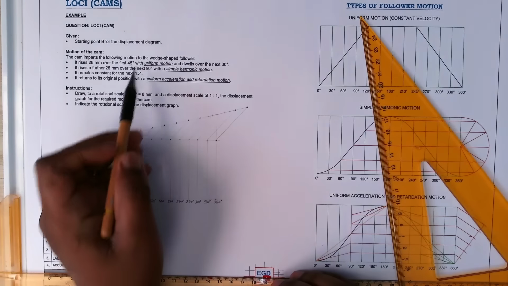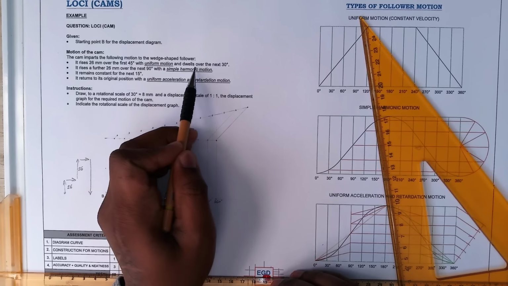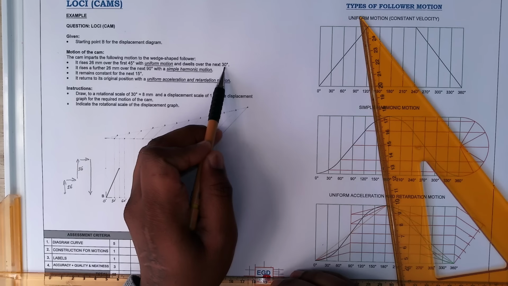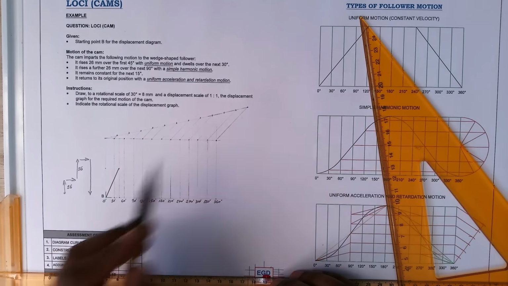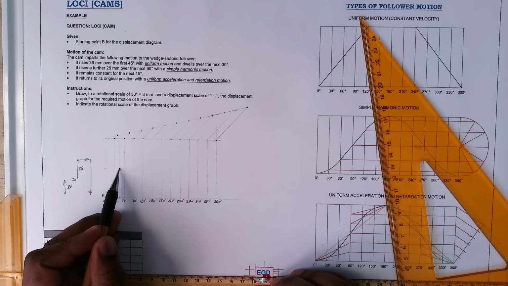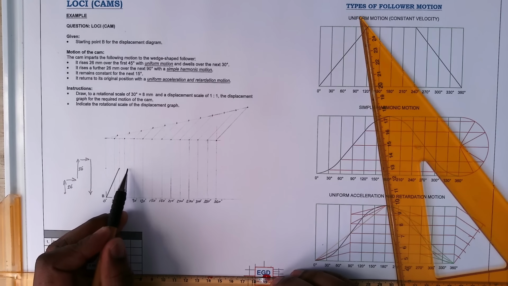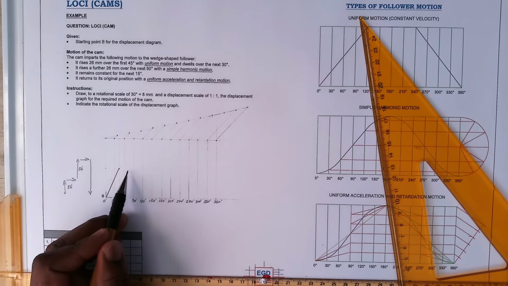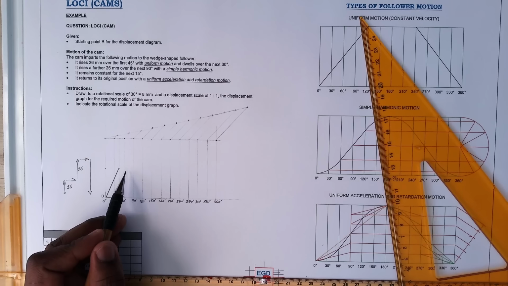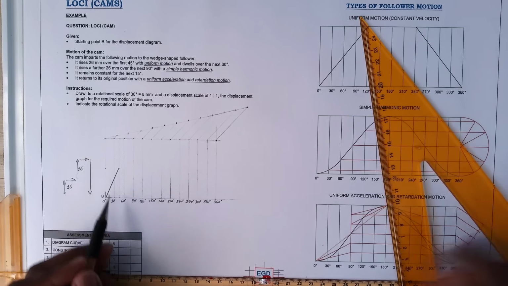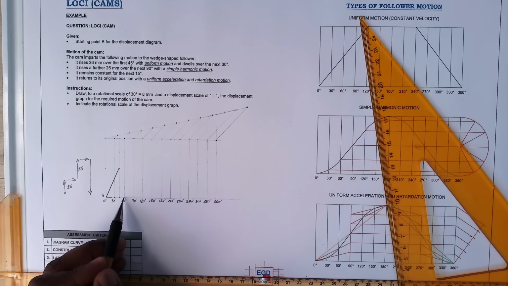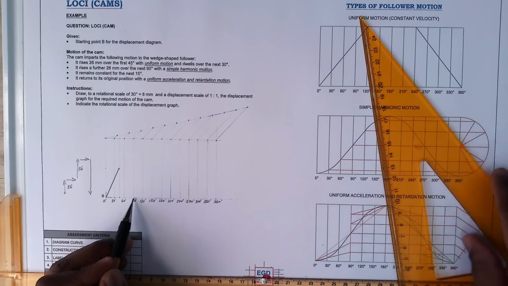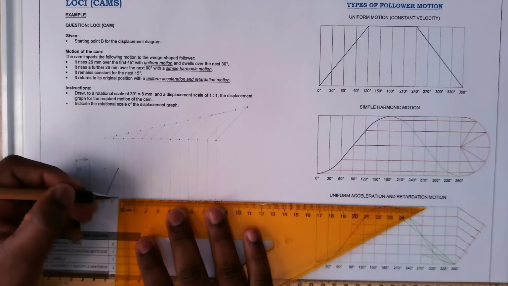Then it dwells over the next 30 degrees. Since it's 30, from the 45 I'll have to add 30, which is 45 plus 30, it's 75. 75 is between 60 and 90. So here I'll do the same thing.